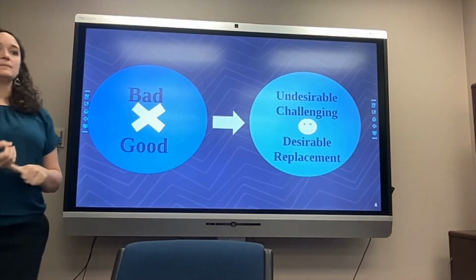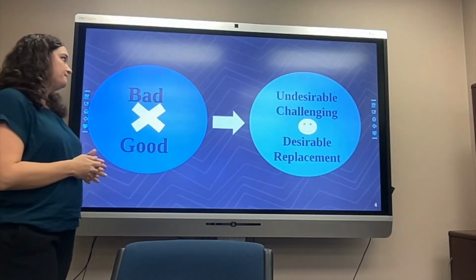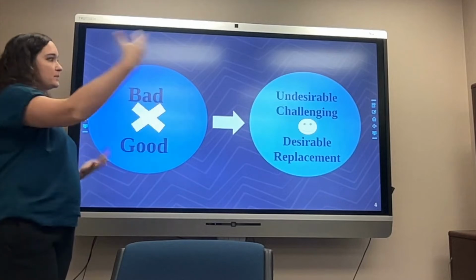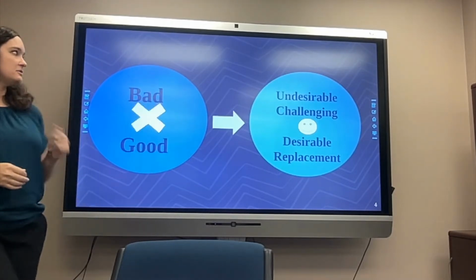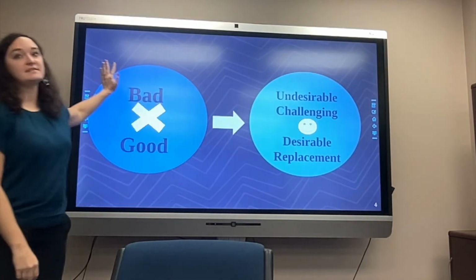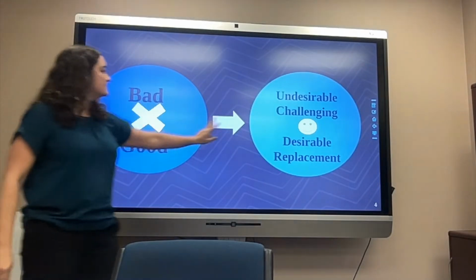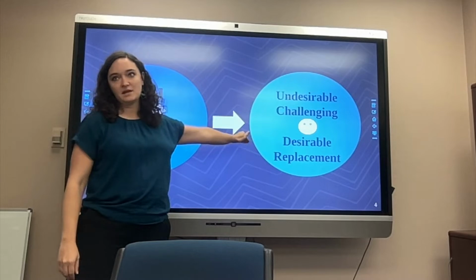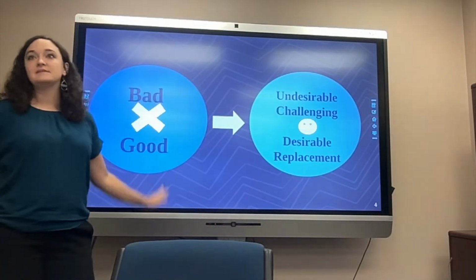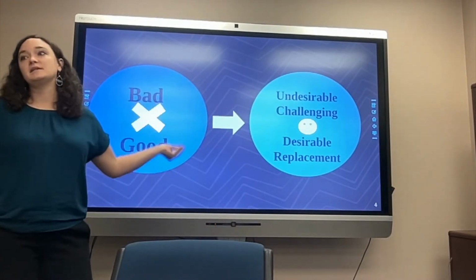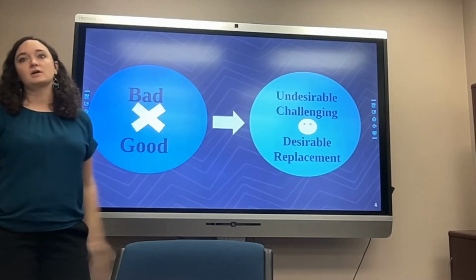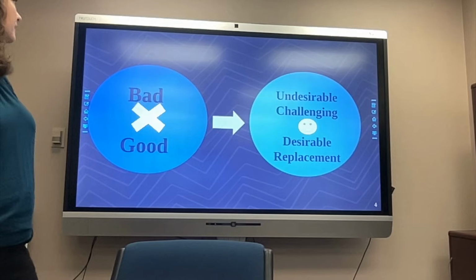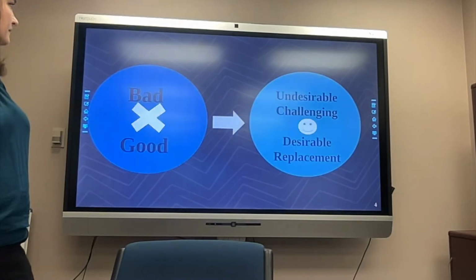So talk about a student or an adult or a person who engages in undesirable behavior or challenging behavior instead of bad behavior. And then saying that we're trying to teach desirable behavior, replacement behavior, pro-social behavior instead of good behavior, because it takes the connotation out of it and puts some more context to it. And that's just a general rule of thumb when I talk about behavior at all.